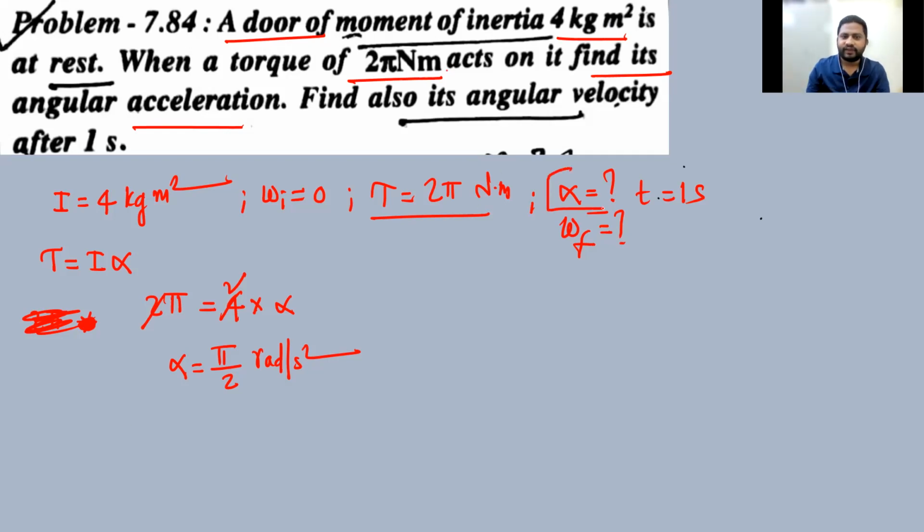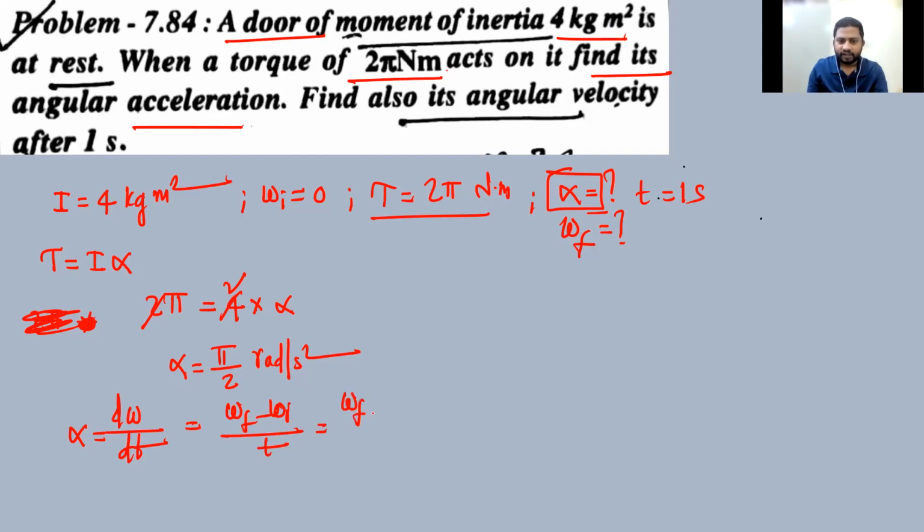Angular acceleration we have got. Angular velocity, if you want, we know angular acceleration is equal to change in angular velocity by time. So omega f minus omega i divided by time.